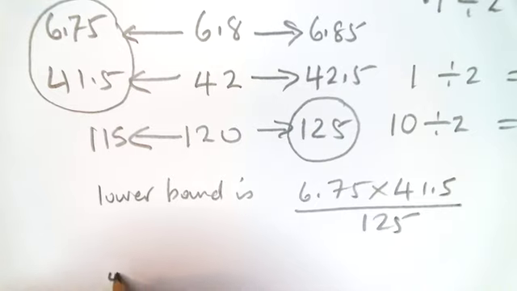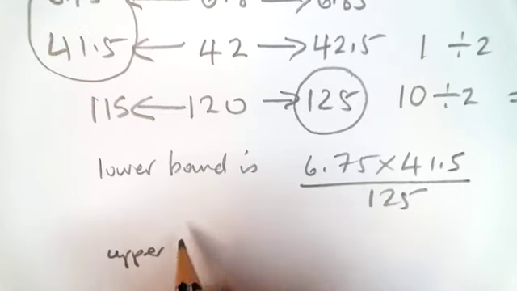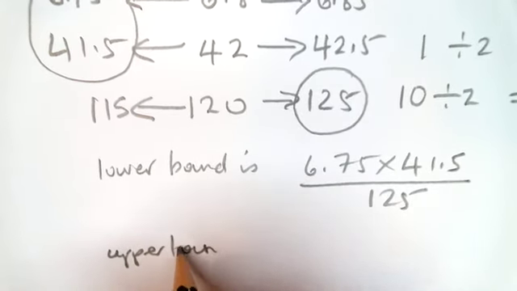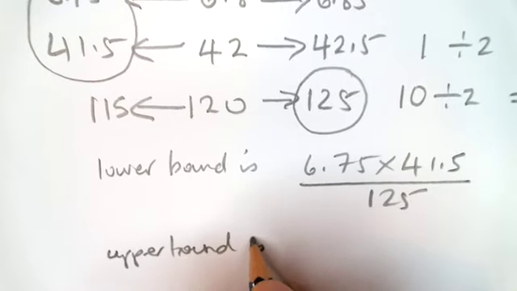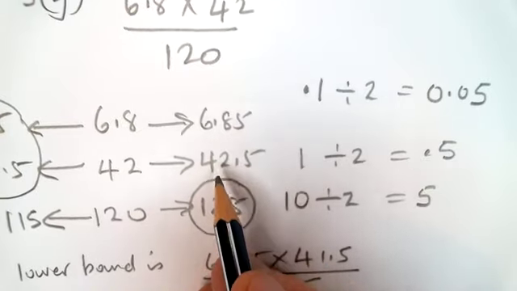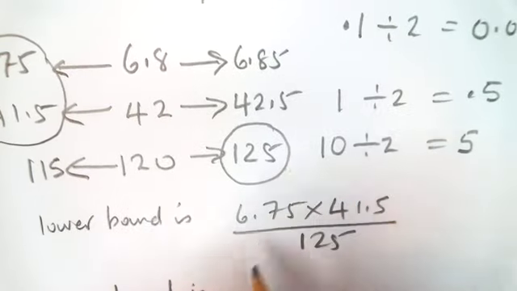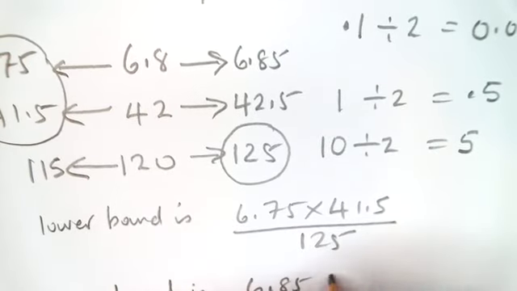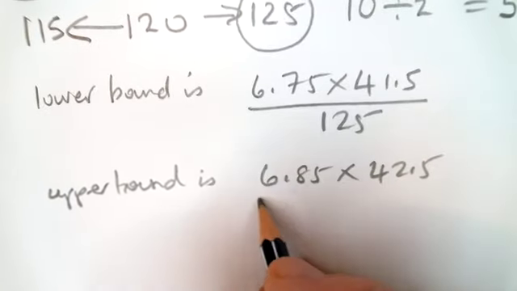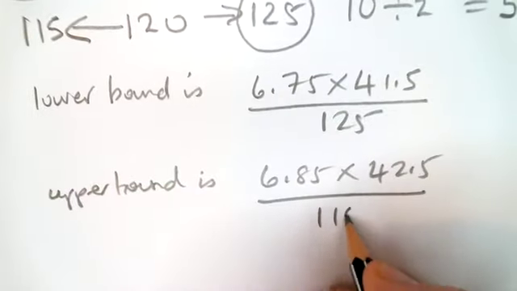And the upper bound, I'll do them both at the same time so I only use the calculator once, is these two multiplied by each other, divided by the lower bound of the denominator. So the numerator is 6.85 times 42.5, divided by the lower bound, which is 115.